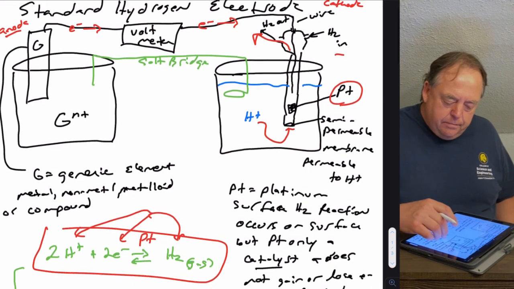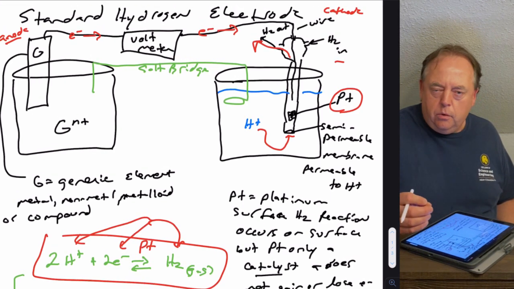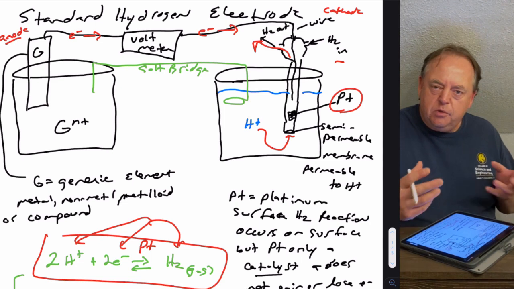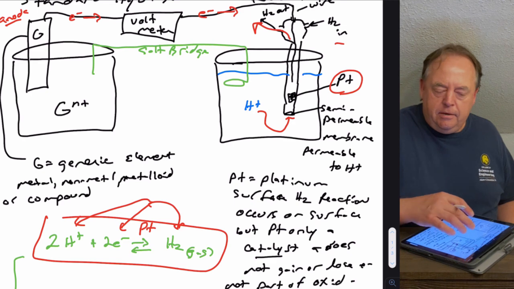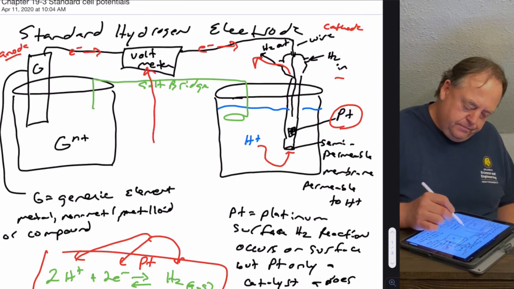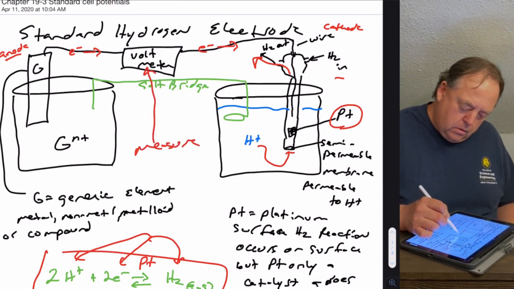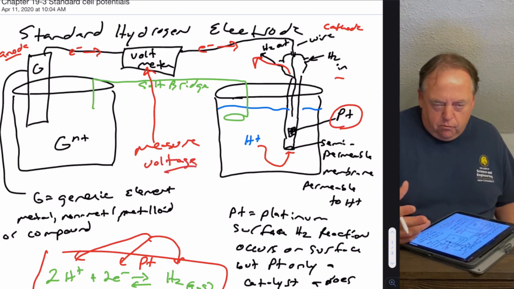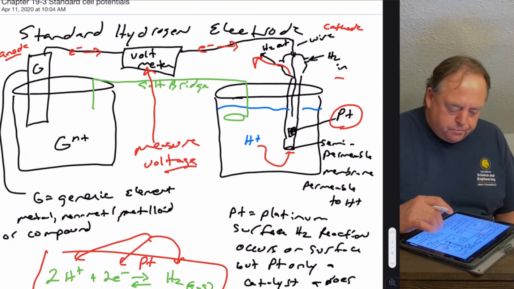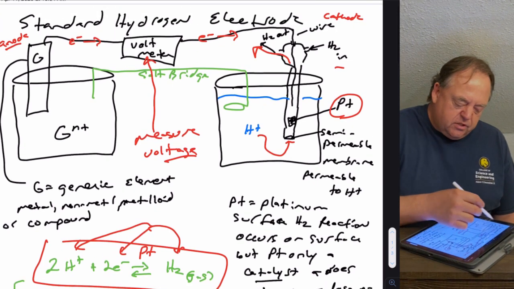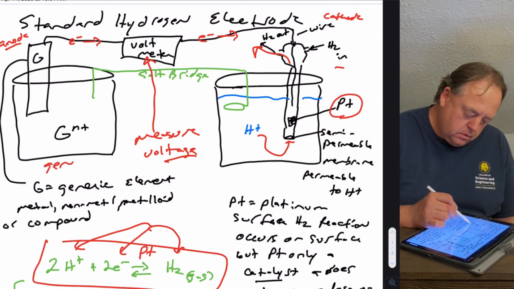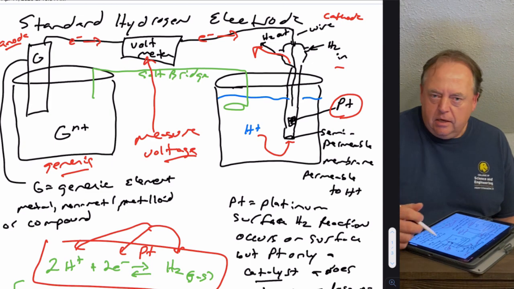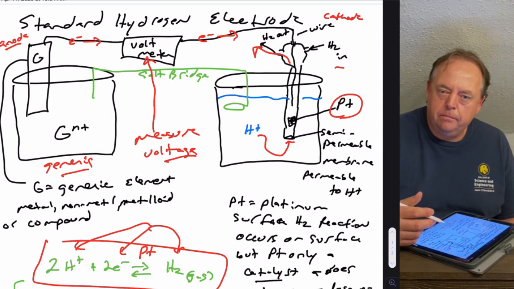You can't measure the potential of one single electrode. All that you can do is measure the difference between 2 electrodes. So everything is hooked up to a hydrogen electrode and then you measure the voltage, and that gives you what's known as the cell potential. In this case, we have some generic cell set up on the left, and we hook that up to the hydrogen electrode, and then we read the voltmeter.